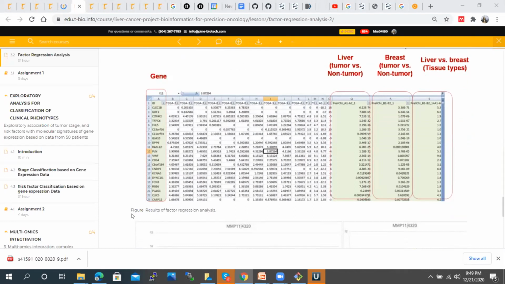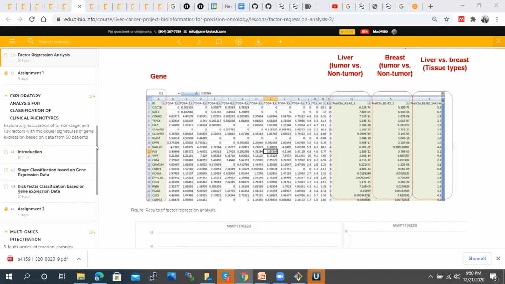Once you have those genes that can differentiate these cancer subtypes, then even if somebody is interested in some other cancer type instead of breast cancer, that person can take those particular samples. One of the advantages of the factor regression approach is that you can distinguish multiple conditions and consider multiple factors.